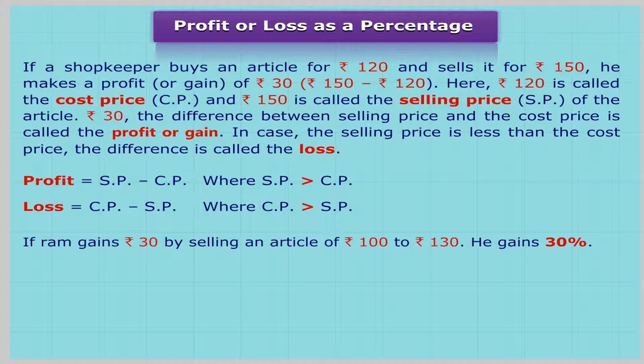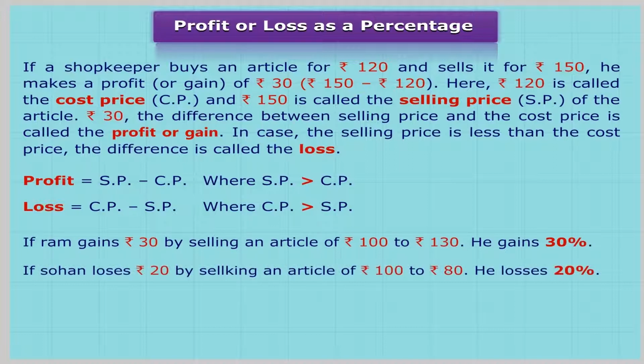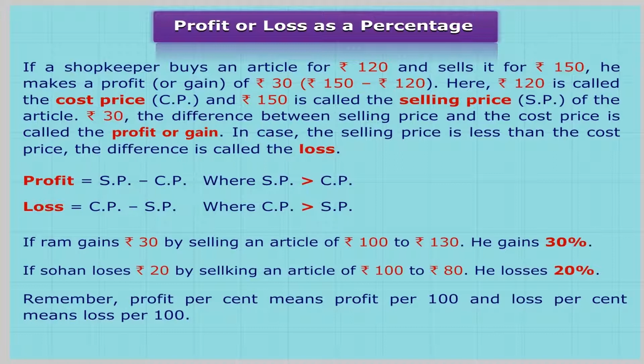If Ram gains rupees 30 by selling an article of rupees 100 for rupees 130, he gains 30%. If Sohan loses rupees 20 by selling an article of rupees 100 for rupees 80, he loses 20%. Remember, profit percent means profit per 100 and loss percent means loss per 100.